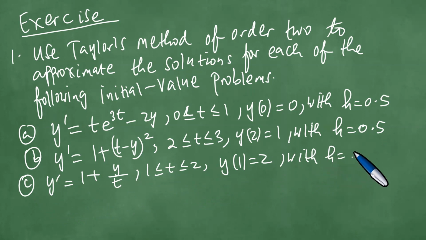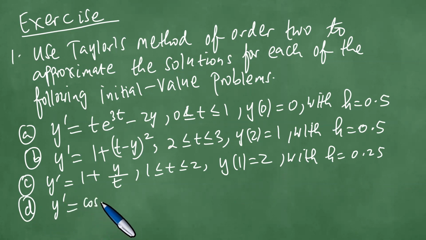h equals 0.25. We're going to do a lot of practice tomorrow. We're going to play around with this to create a kind of dexterity, but also to build more confidence and familiarity with the estimations. One thing with these, it takes a little bit of time to do.